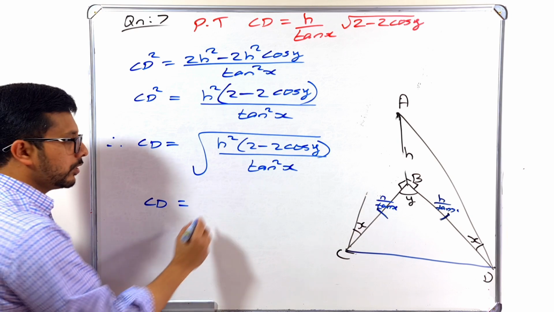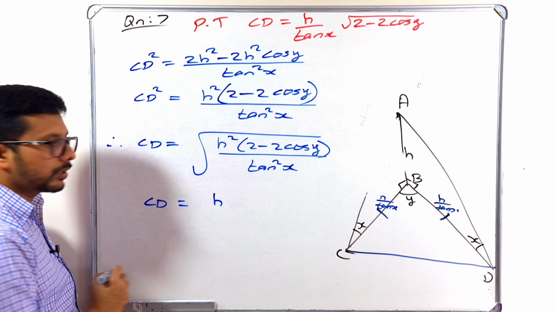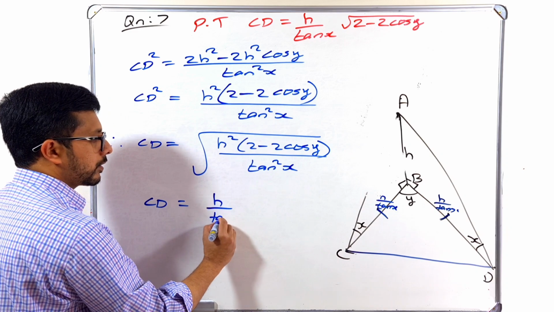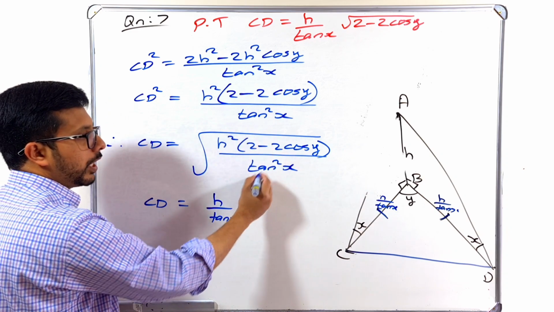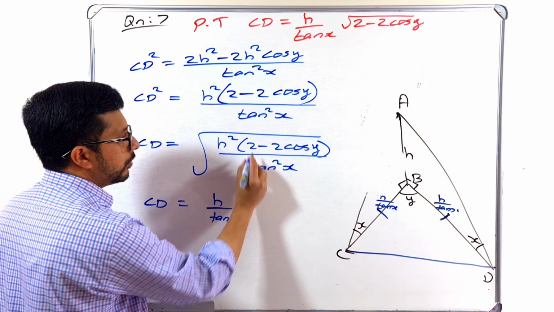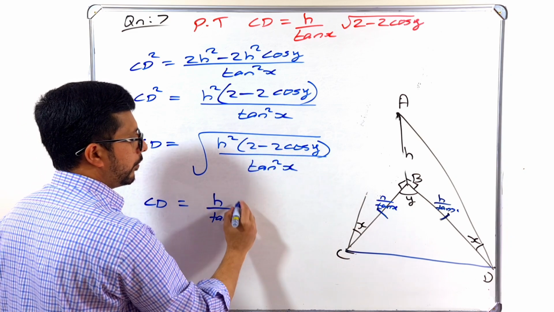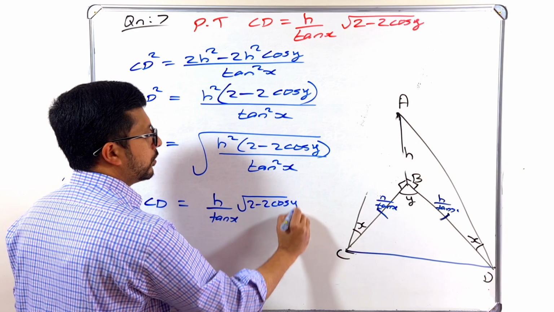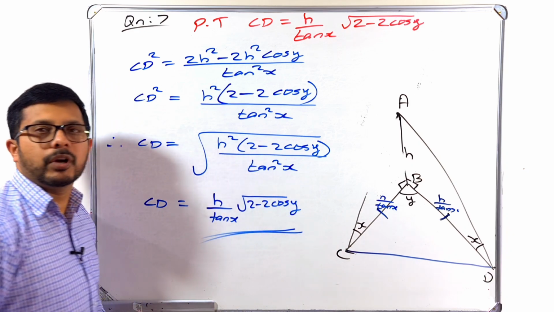What is the square root of h square? That is h. Square root of tan square x is tan x. The remaining part we can't take a square root of, that's not a perfect square, so that is root of 2 minus 2 cos y. So this is what we wanted to prove.